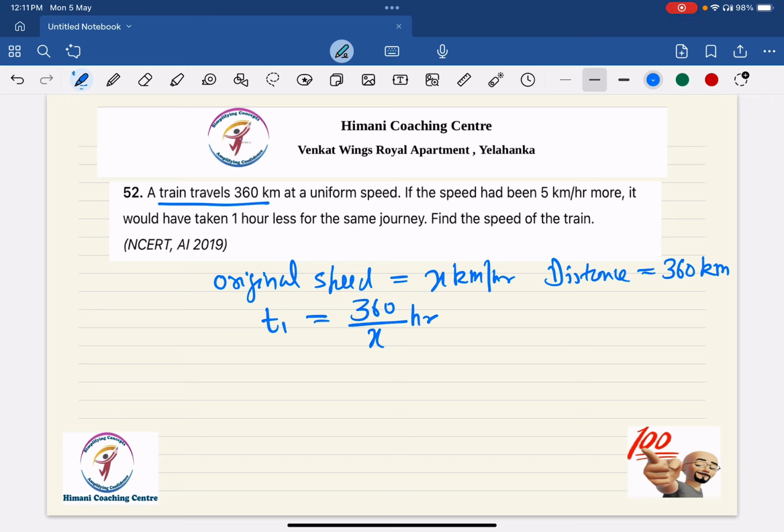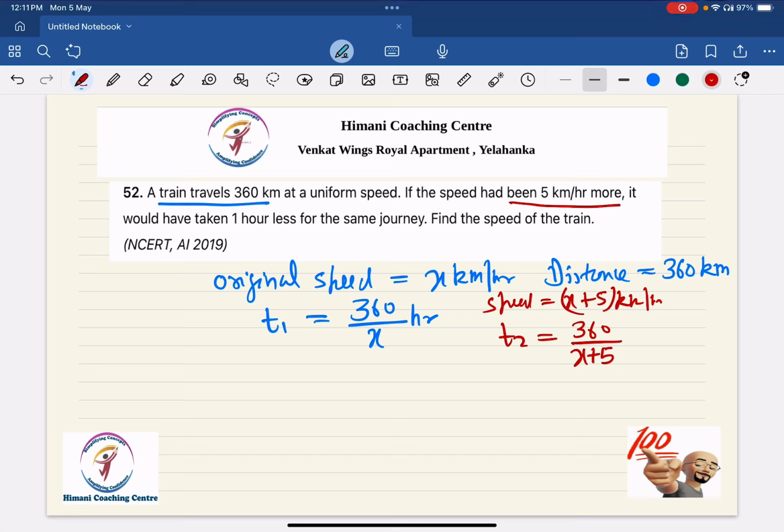So t1 is 360 by x hour. Now, since the speed has become 5 kilometer per hour more, my speed has now become x plus 5 kilometer per hour. So time t2 should be distance, which is 360 by x plus 5.